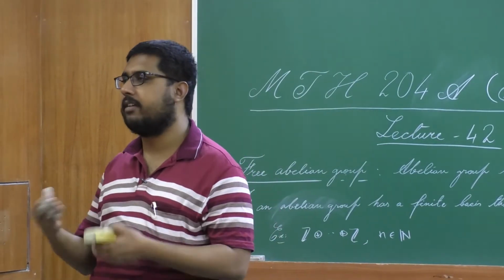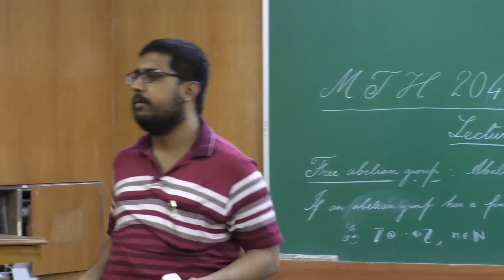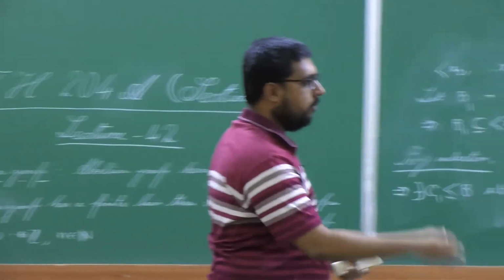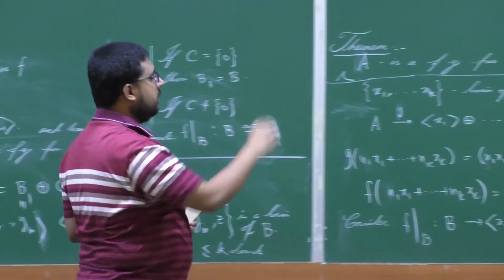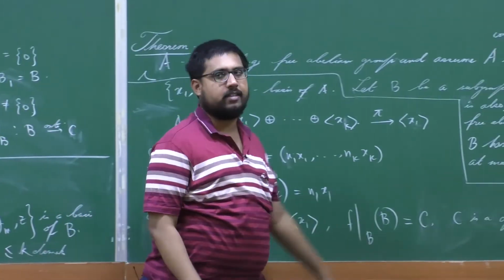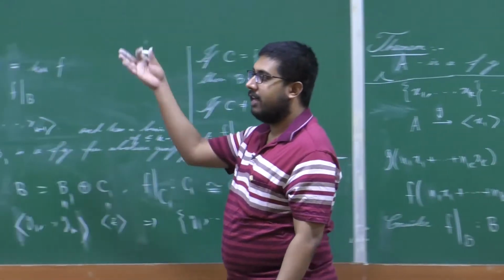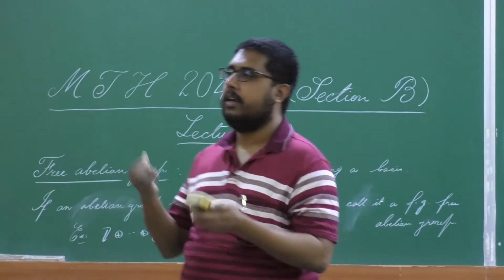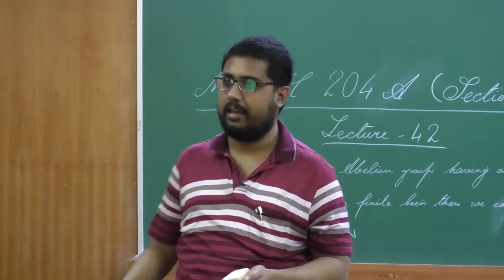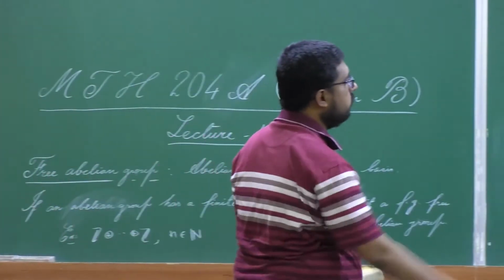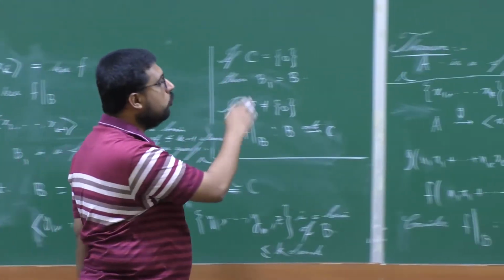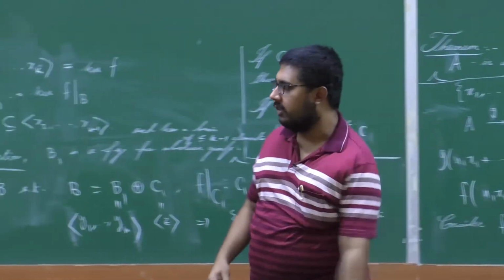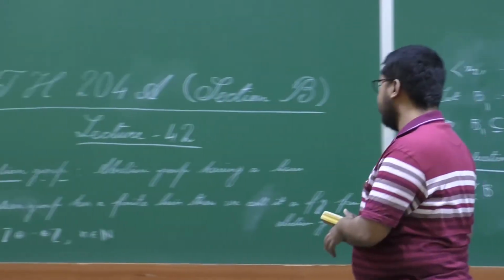If we can establish that, then we can simply denote that number by something. In fact, that is what we are going to do, we will call it the rank. Then we can simply say that if A has rank k, then any subgroup will also be free with rank less than or equal to k. But I cannot say that because so far I haven't proved that any two bases have the same number of elements when A is a finitely generated abelian group.